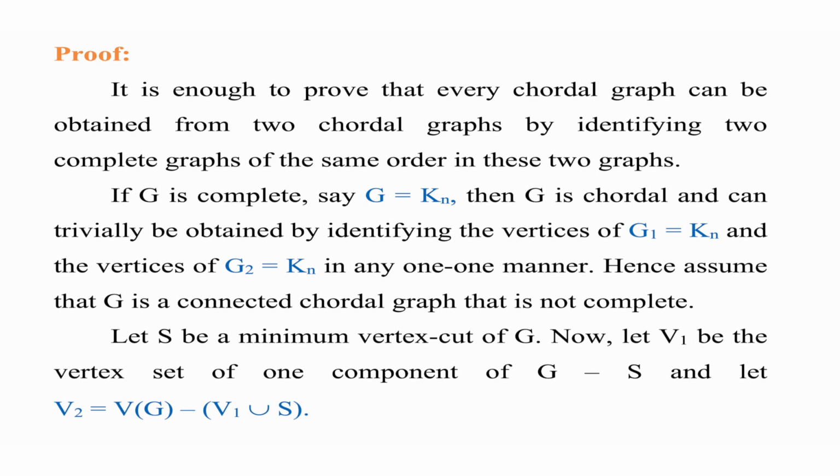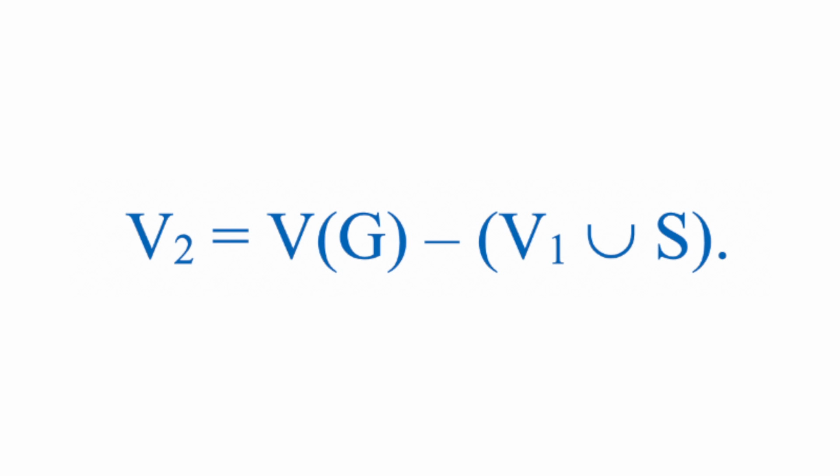Hence, assume that G is a connected chordal graph that is not complete. Let S be a minimum vertex cut of G. Now, let V1 be the vertex set of one component of G minus S, and V2 equal V of G minus (V1 union S).